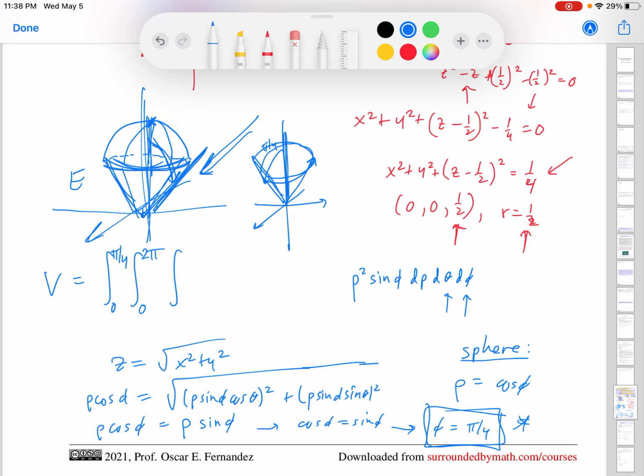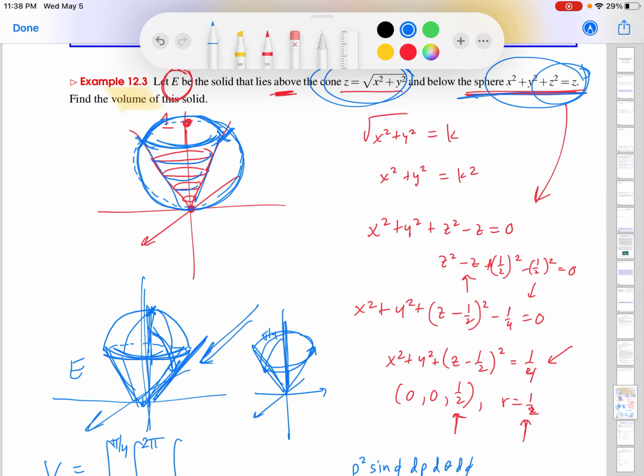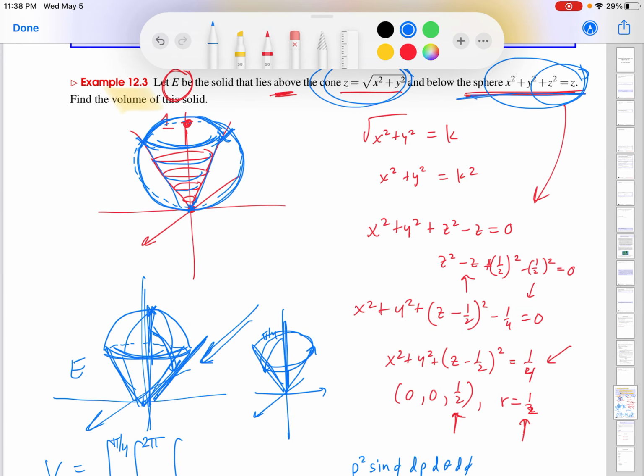And then I have to think about rho. So where does rho go from? Well, that's where we talked about the sphere. So rho goes from 0, which is eventually the point down here. Remember we talked about this is the point at the very bottom of the cone, which is included in the solid. That's rho equals 0.